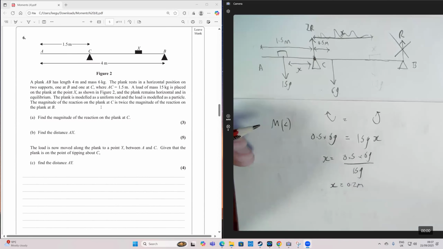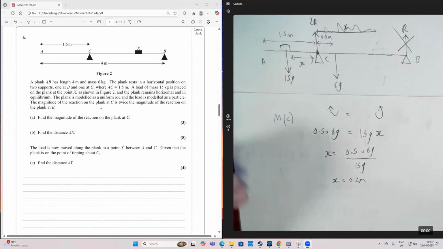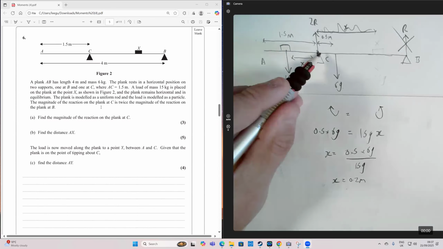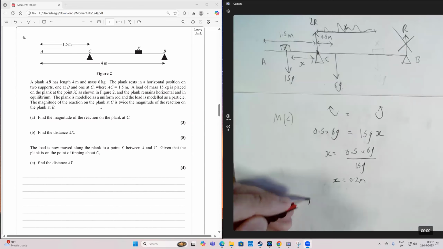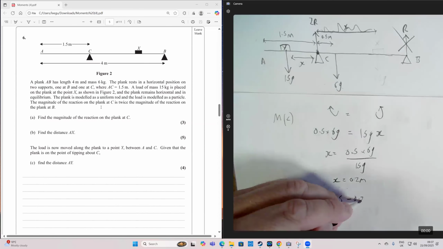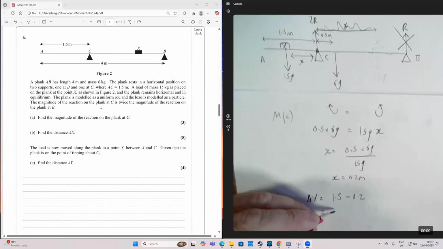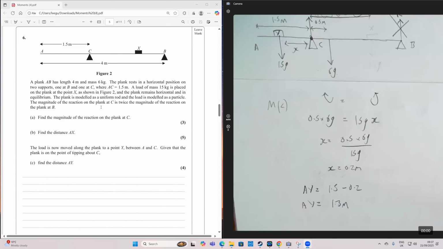And the question is, find the distance from A to Y. Okay, so we found that that distance is 0.2, A to C is 1.5, and they're calling this the point Y where it's attached. So therefore A to Y is equal to our 1.5 meters, take away 0.2. So A to Y is 1.3 meters. And that is the answer to part C.